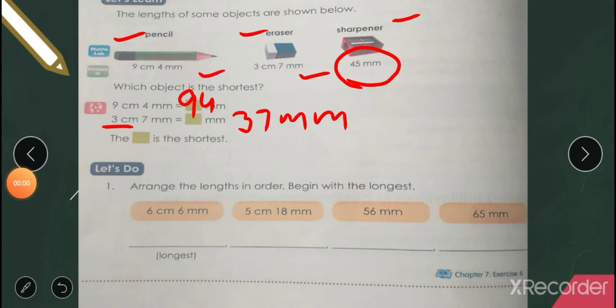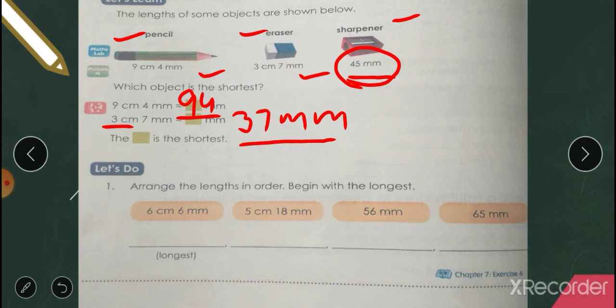We have all three values in millimeters: the pencil's length is 94 millimeters, the eraser's length is 37 millimeters, and the sharpener's length is 45 millimeters.